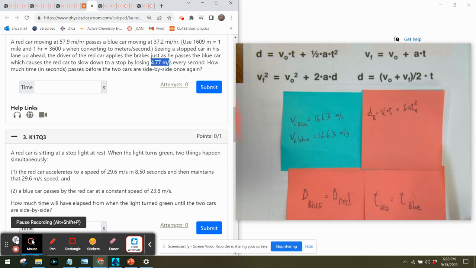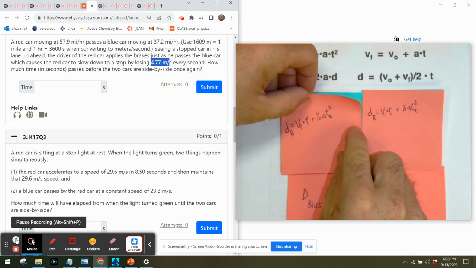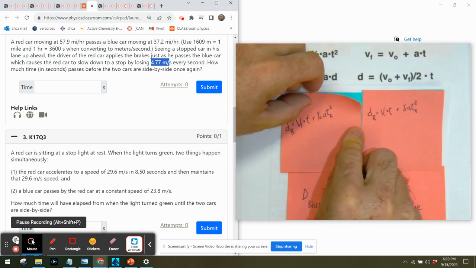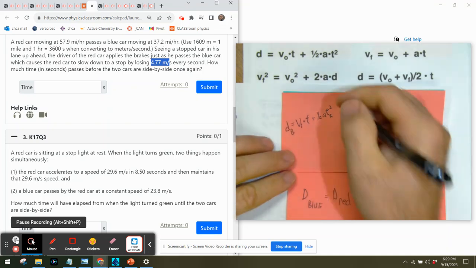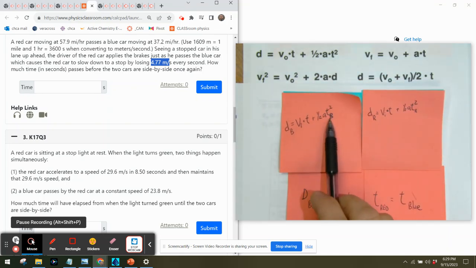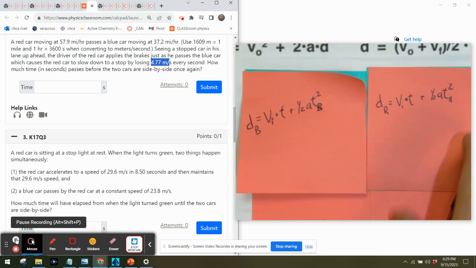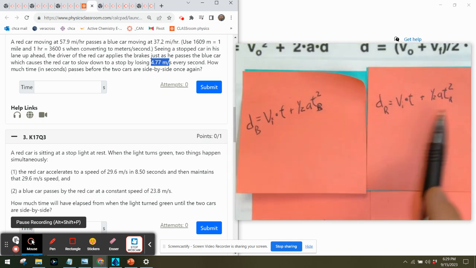Likewise, we could say the same thing over here for blue. That should be a B. Now I show a B and an R for the time. Let me zoom in a little bit so you can see those better.